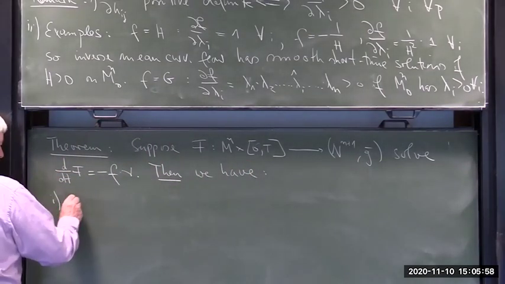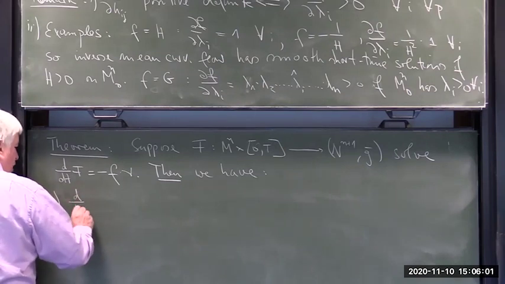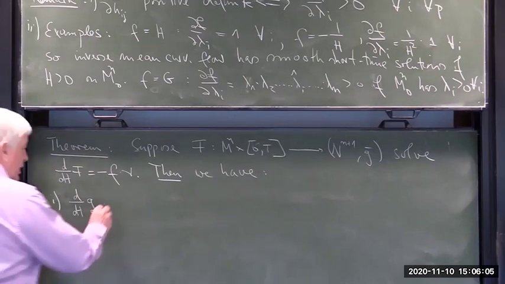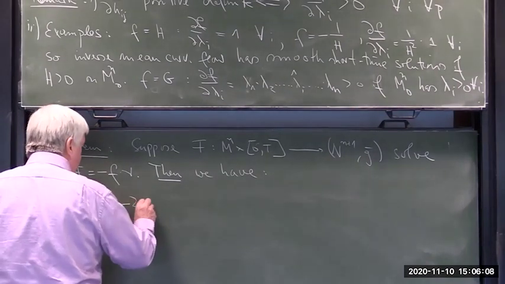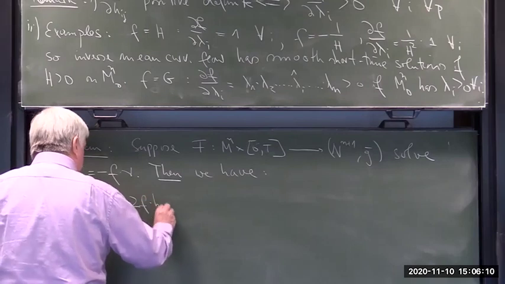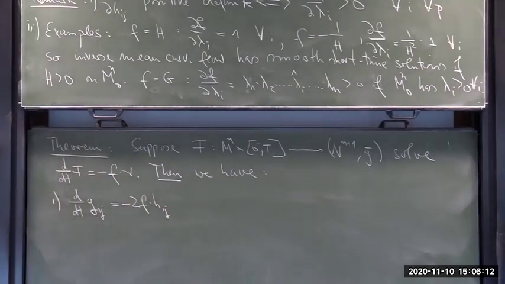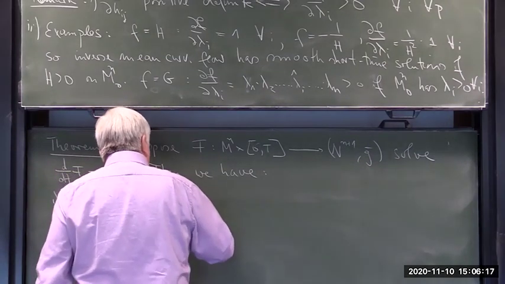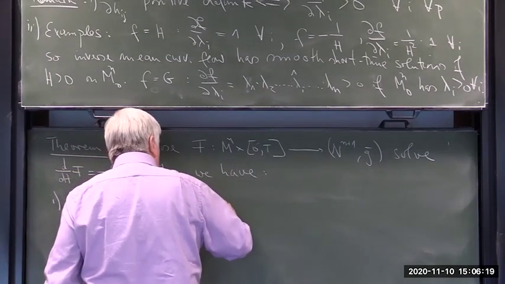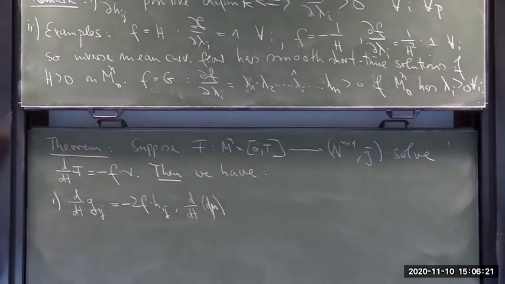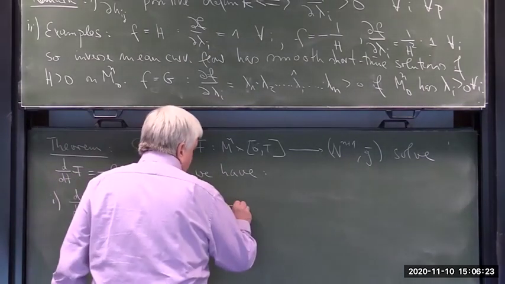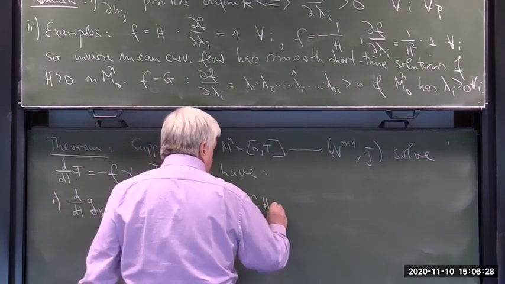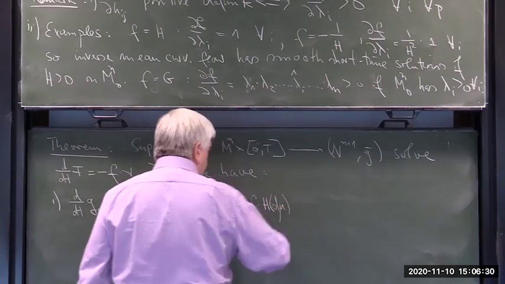So first of all, we get that d/dt of the induced metric on the hypersurface is equal to minus 2 times the speed times the second fundamental form. Then we get from there that d/dt of the volume element, d mu, on the hypersurface, this is a well-known first variation formula, is minus the speed f times the mean curvature times the volume element.